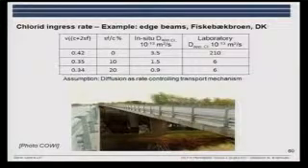Now, here we have data from a structure. This is a motorway just north of Copenhagen. They were doing some experiments to see the performance of different mixes on these edge beams. This has been a huge problem because the edge beams are exposed to chlorides and they are getting damaged much more easily than the rest of the bridge.